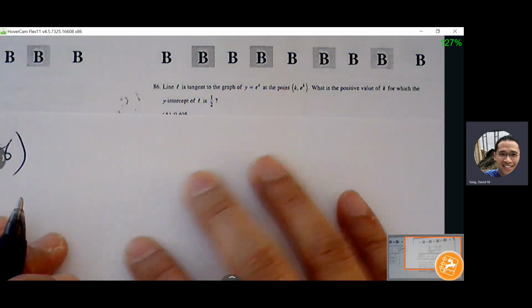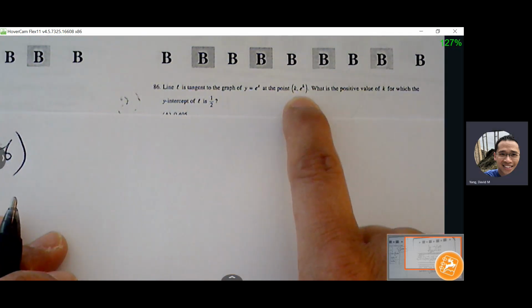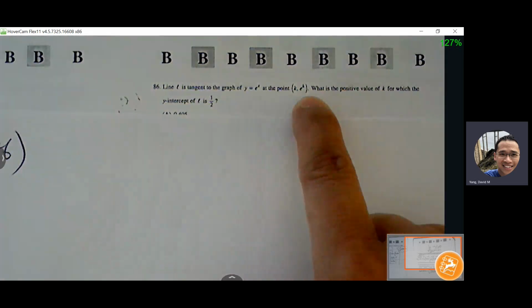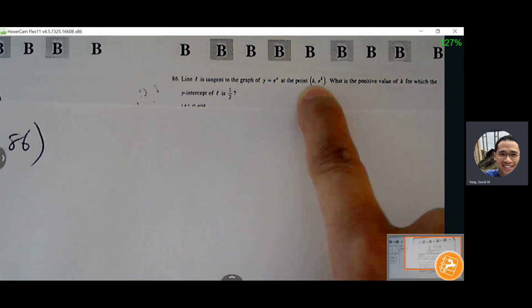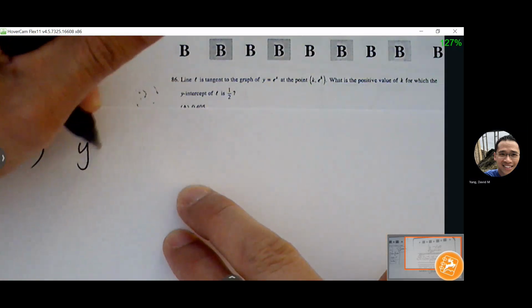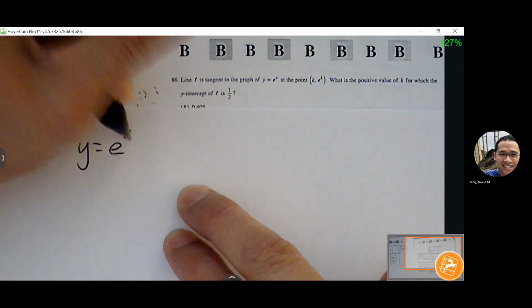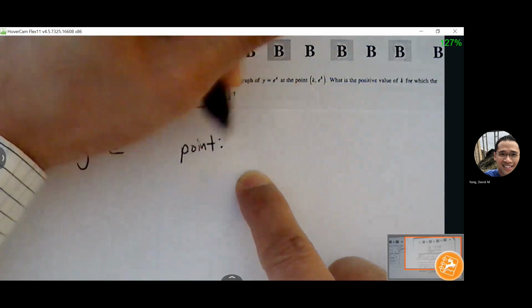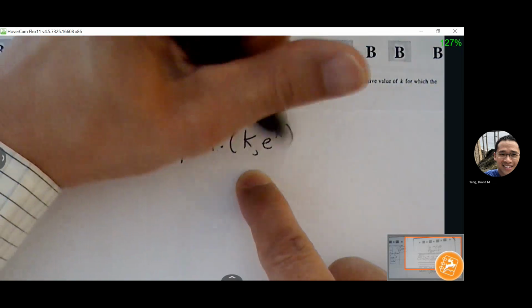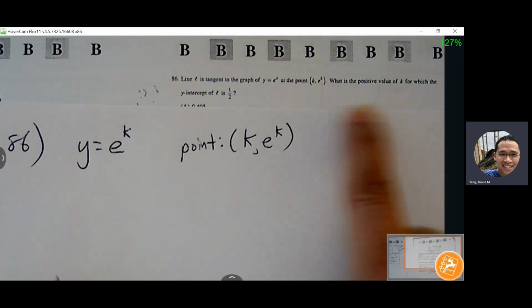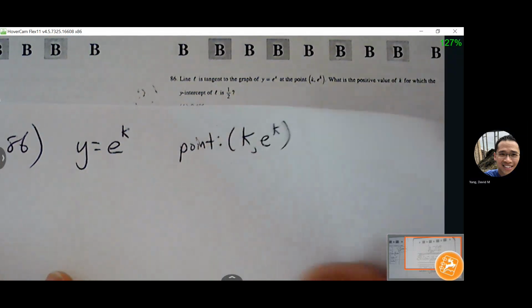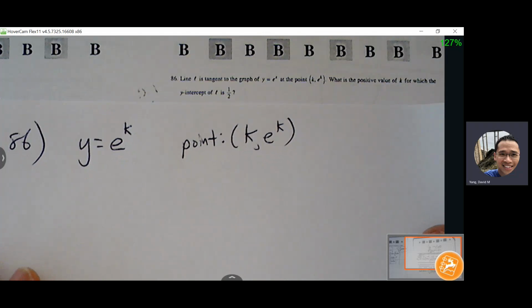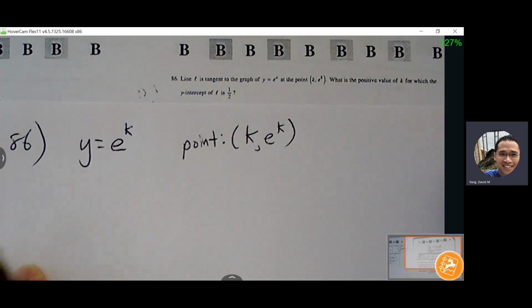I know we typically get a little more anxious when we see a bunch of letters here, but just think of that as some unknown constant. Could be 3, e to the 3, or 4, e to the 4, just some unknown constant. What are the positive values of k for which the y-intercept is 1/2?